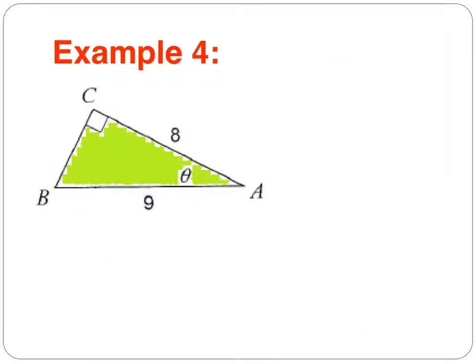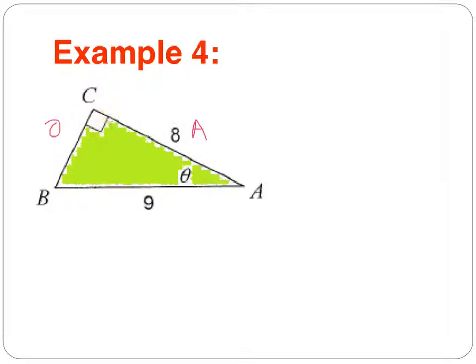This time, let's go ahead and take some time to label the sides. Notice theta is right here. The side opposite of theta will be this one right here. This side right next to theta is 8, so let's go ahead and label it adjacent.